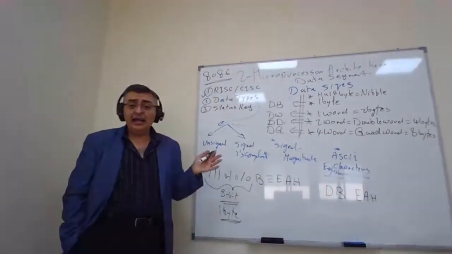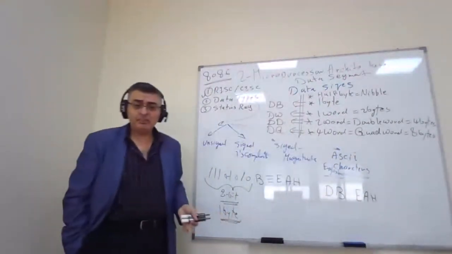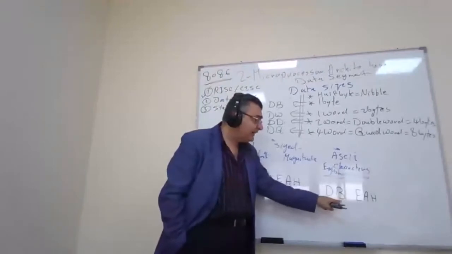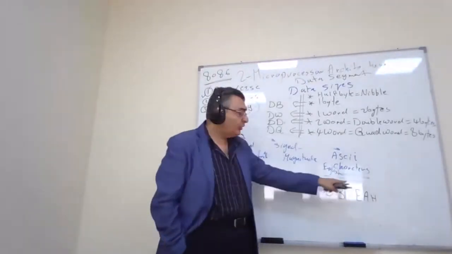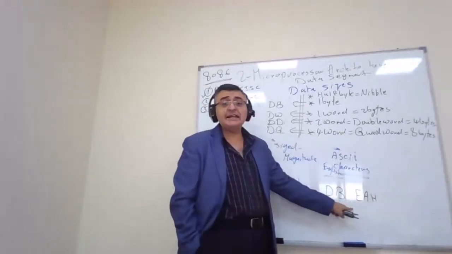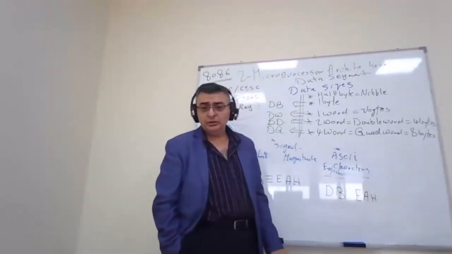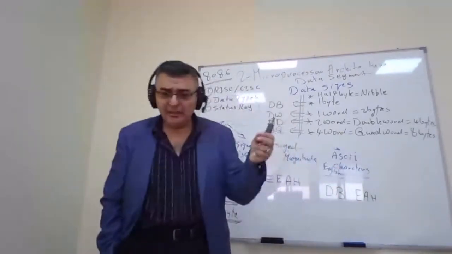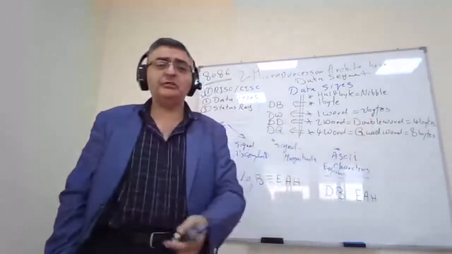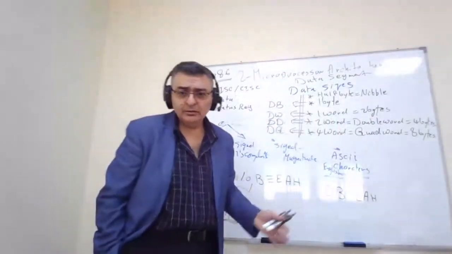You have at least 4 different meanings. You may store this byte meaning the ASCII code for some character in English, for example the letter B or letter F or letter Q.